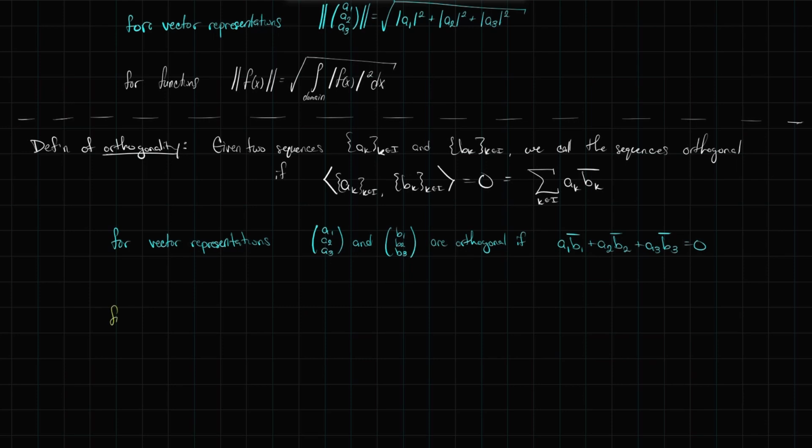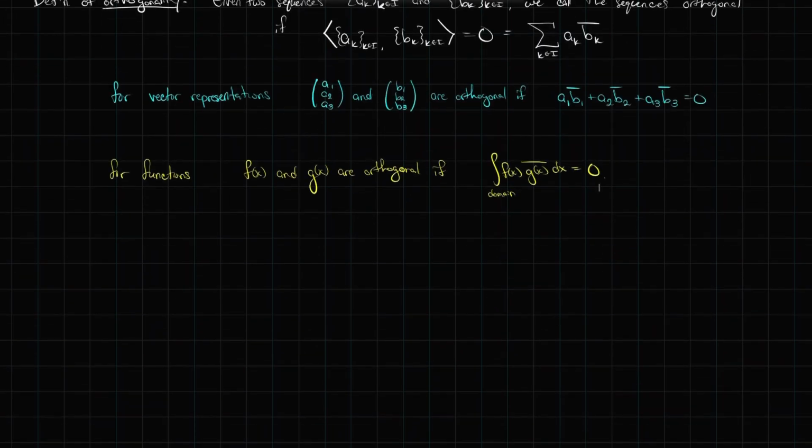We could say for functions that f and g are orthogonal if the integral of f against the conjugate of g dx over the domain equals 0. All good ideas to keep in mind.